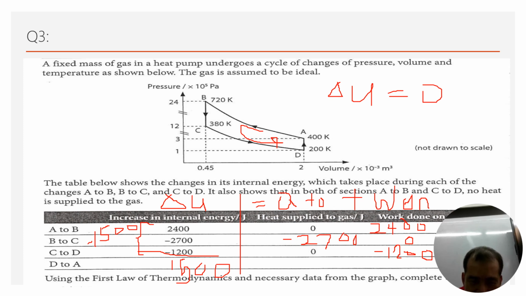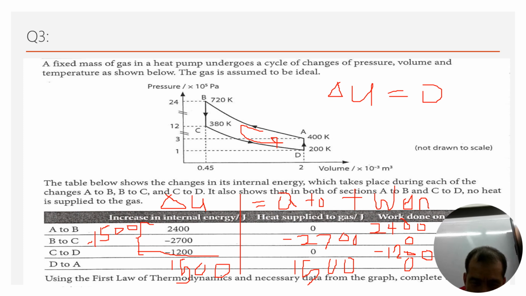So this is 1005. Similarly, D to A is again isochoric, which is the same volume, and with the same volume, your work done is 0. So this is 0, and then this must be 1005.